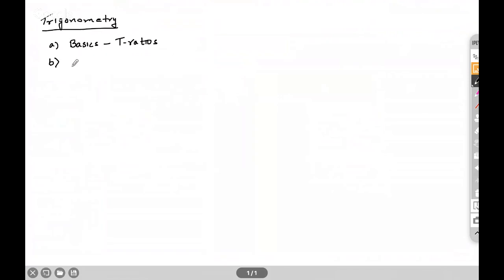Now we also will deal with t ratios of standard angles. Standard angles, that is 0 degrees, 30 degrees, 45, 60 degrees, and 90 degrees.